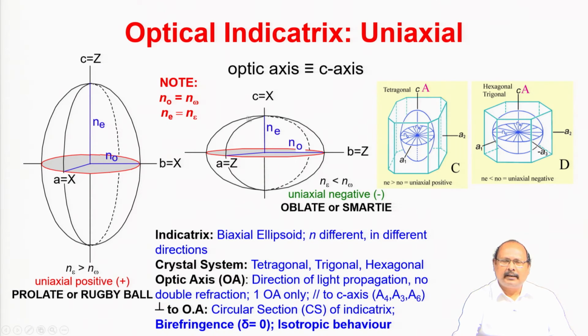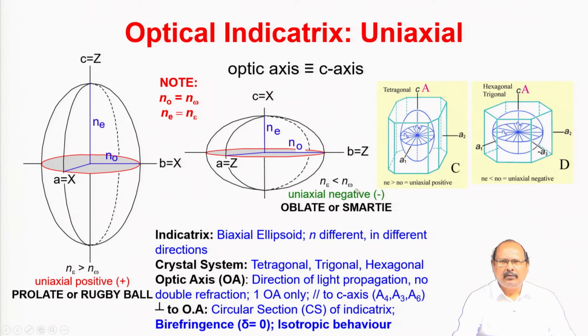Now, if you have a different situation where you have the shape of an oblate, where n epsilon is less than n omega, so the refractive index corresponding to the extraordinary ray is lower than the refractive index corresponding to the ordinary ray, then we say the uniaxial mineral has a negative optic sign.